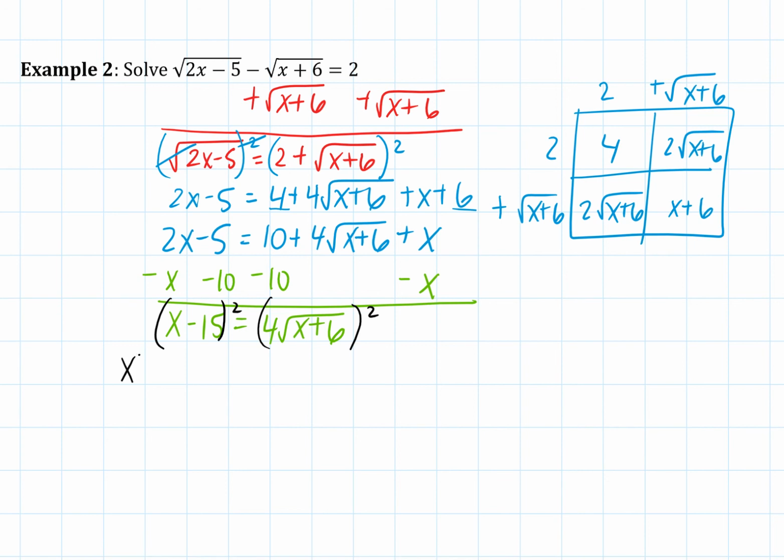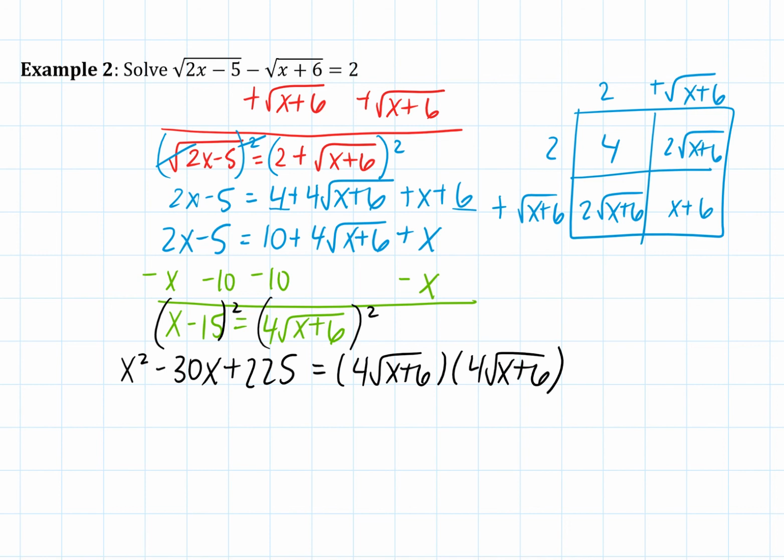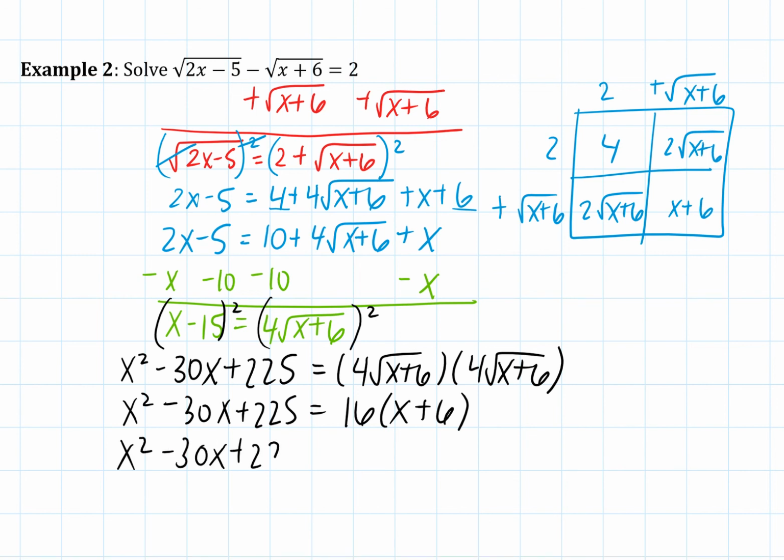Now using the box method on the left, we get this. And 4 root x plus 6 squared means we're multiplying 4 root x plus 6 by itself. I'm writing it out twice to help me see. 4 times 4 is going to give me 16. So 16 times x plus 6. And voila, you've just taken a radical equation and turned it into a quadratic equation, which of course you solve by getting all the terms on one side of the equation.